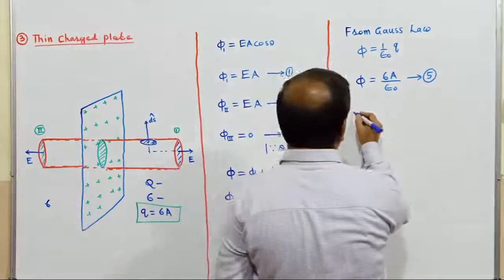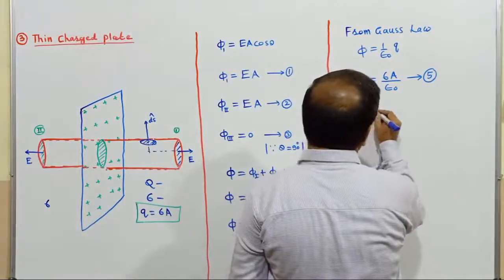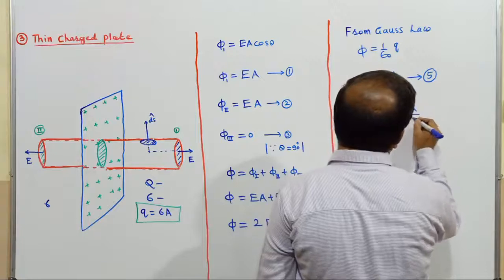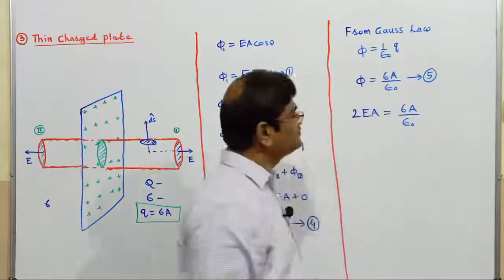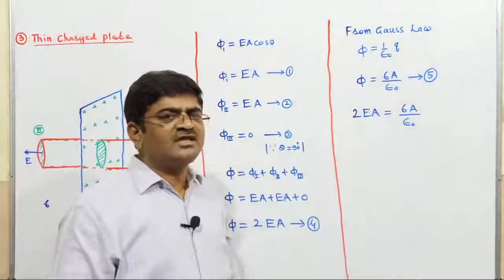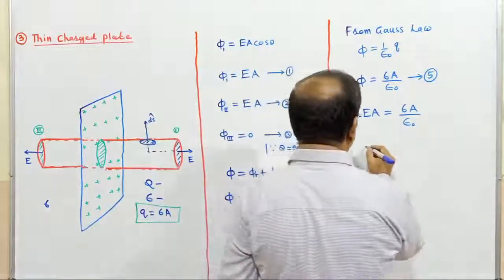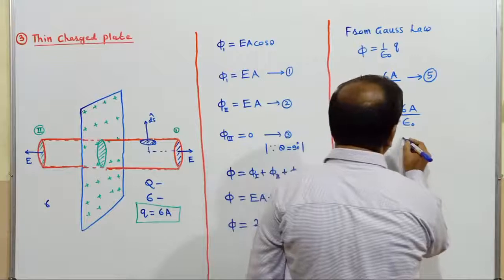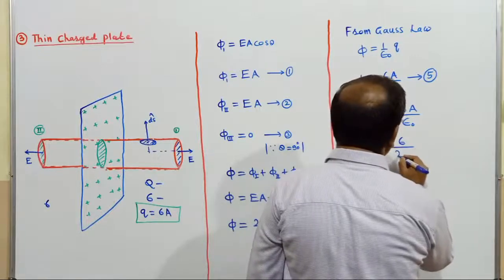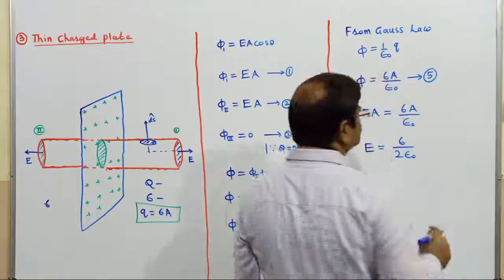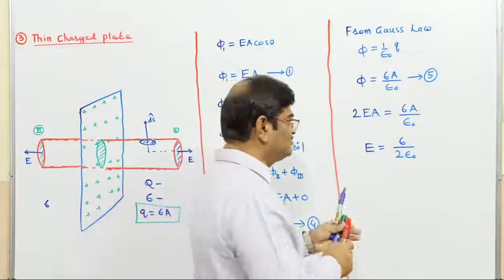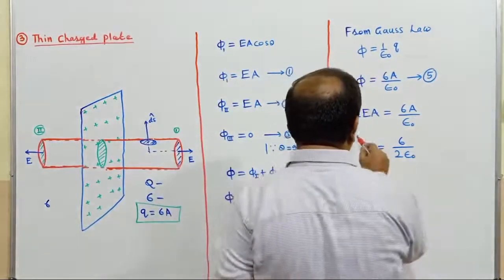And I get 2EA equals sigma A divided by epsilon naught. A you can cancel, and here I get an expression for electric intensity in the neighborhood of a charged thin plane sheet, and this is the expression that I have got.